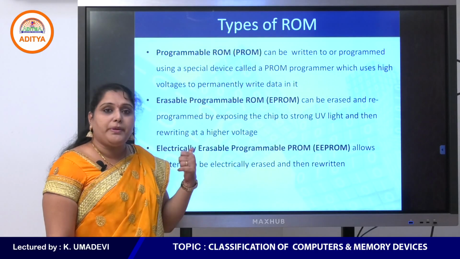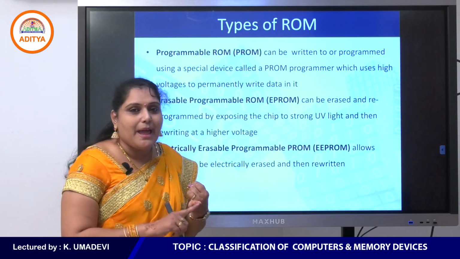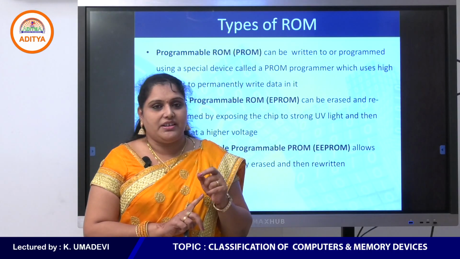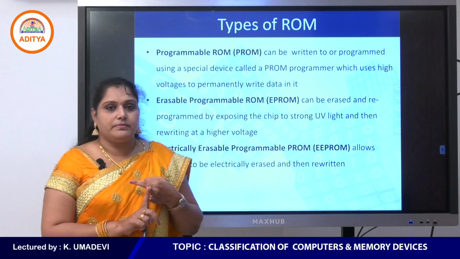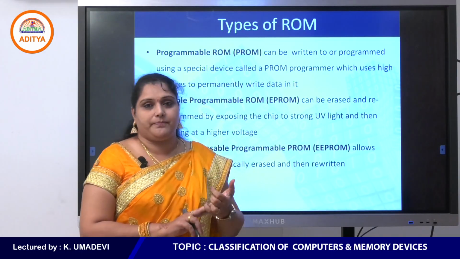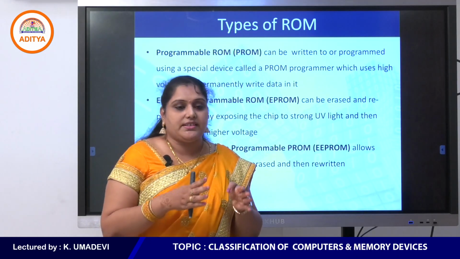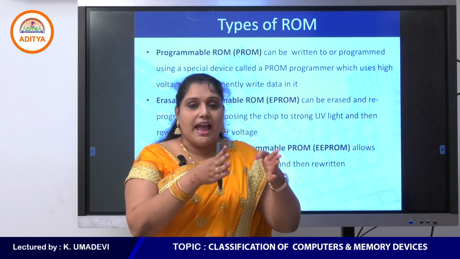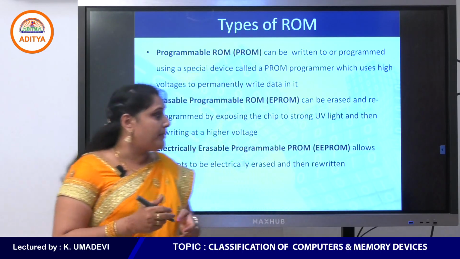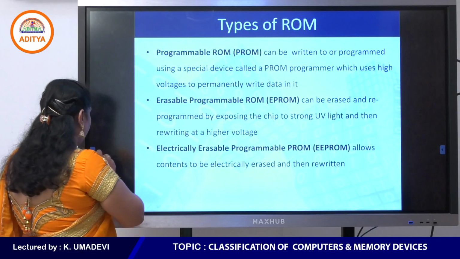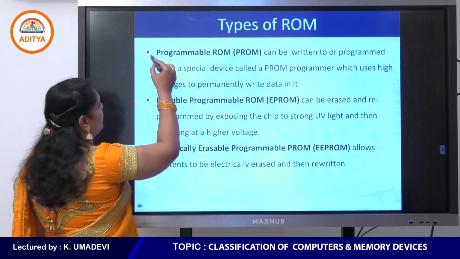First one is PROM, programmable read-only memory. Next one is EPROM, erasable programmable read-only memory. Next one is EEPROM, electrically erasable programmable read-only memory. These are the different types of ROM.